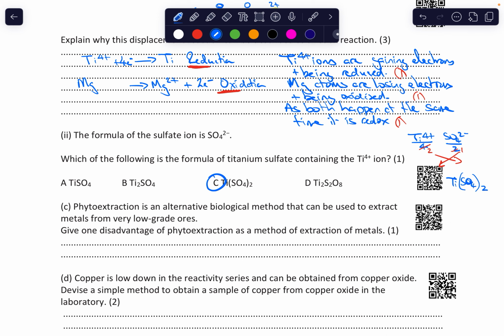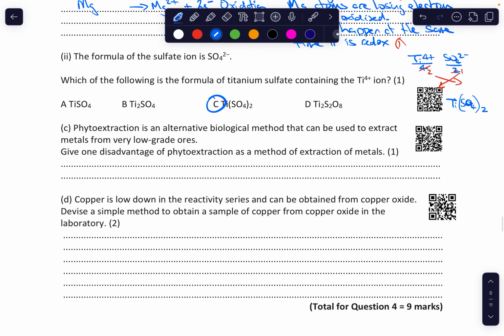Right, phytoextraction. Remember, phyto is Greek for plant, so that gives us a clue to what's going on here. It says phytoextraction is an alternative biological method. Give one disadvantage of using phytoextraction.